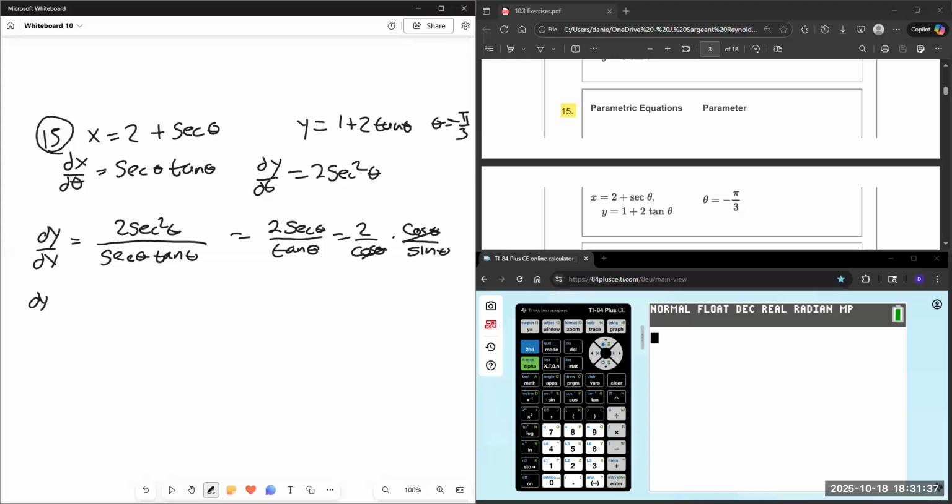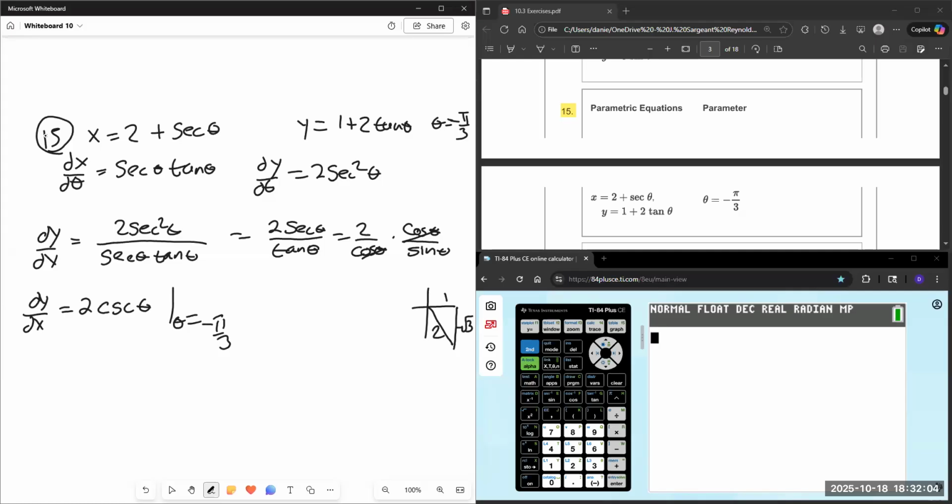dy/dx is equal to 2 cosecant theta. And I want to evaluate that when theta is equal to negative pi over 3. So negative pi over 3: this is negative root 3, this is 1, this is 2.